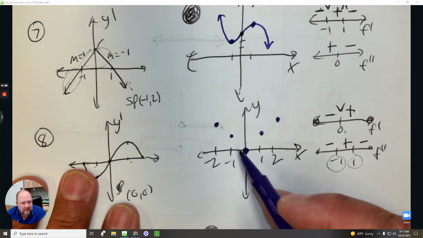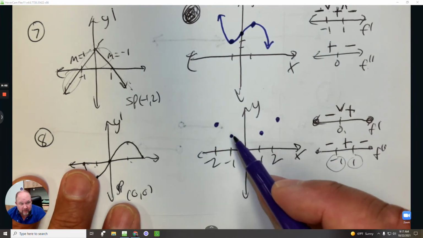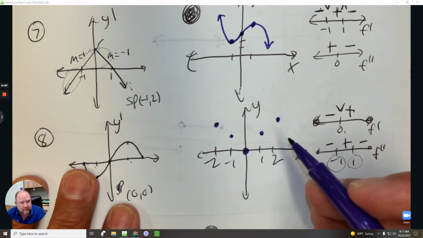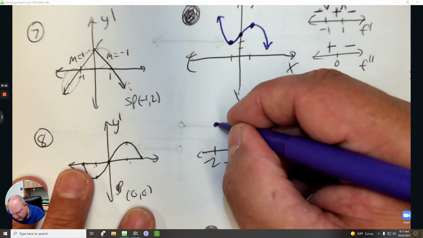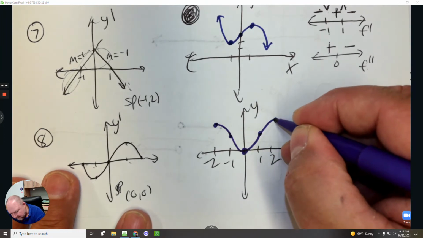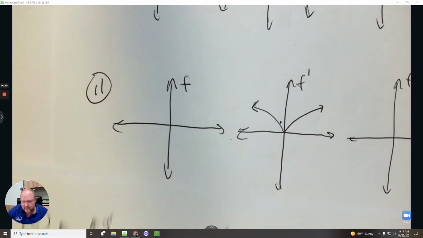So I know it's decreasing and I know it's increasing. I know at -1 and +1 are points of inflection, so they need to be in the middle. -2 and +2 are ends. And now I'm just going to connect it. So it's concave down, then concave up, and then concave down. And it creates a minimum there in the middle. That's it.